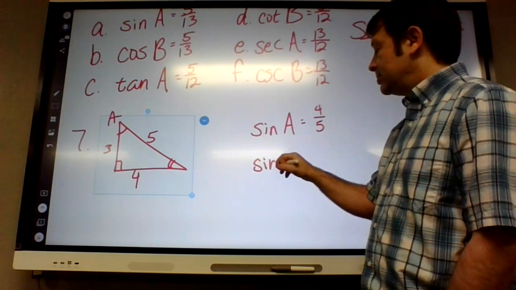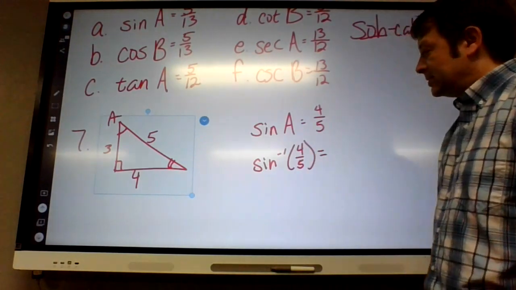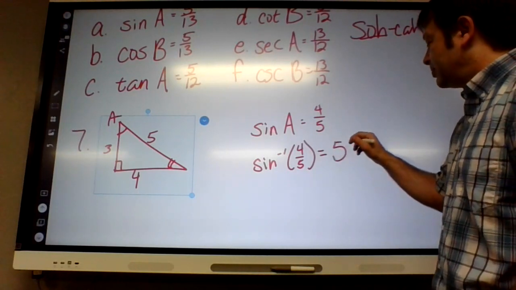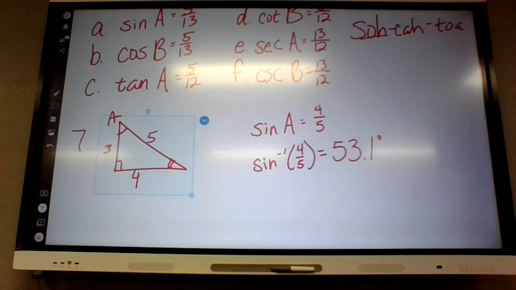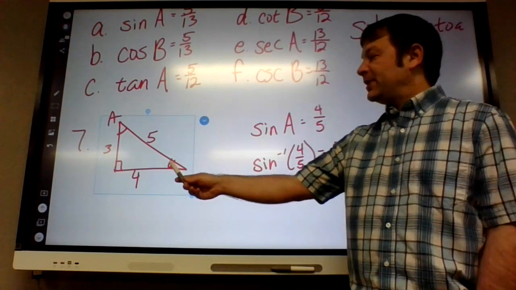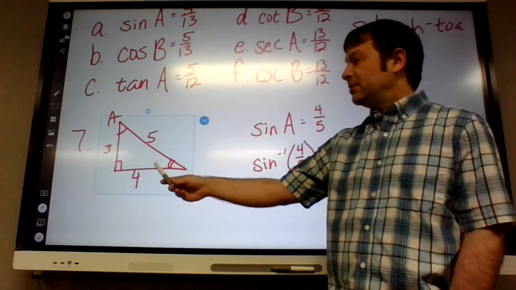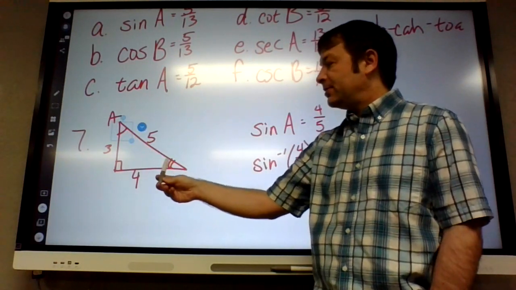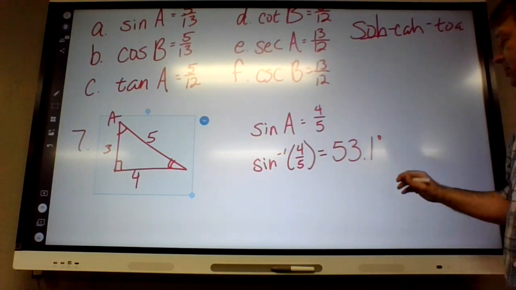We do sine inverse of 4/5. 53.1. Okay, we could do something similar to find the other angle, but what's the faster way to do this? 90 minus 53. Right, 90 minus that acute angle should give us this acute angle. So we got 90 degrees down there. 36.9.